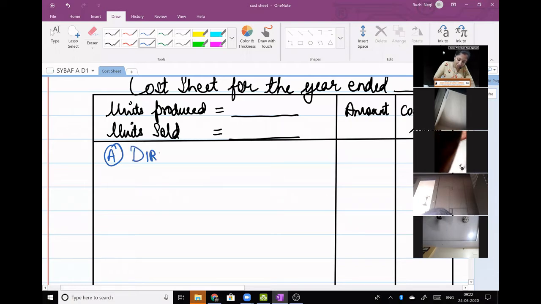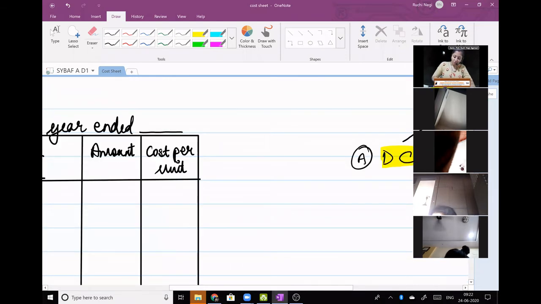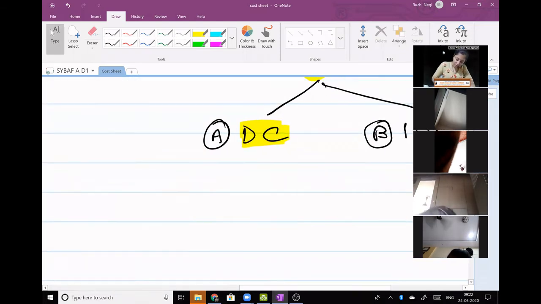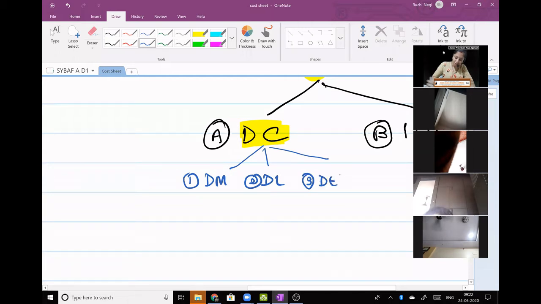Direct cost. So last lecture, what did I tell you? It is divided into three: direct material, direct labor, and direct expenses. Now, I'm going to do direct material.